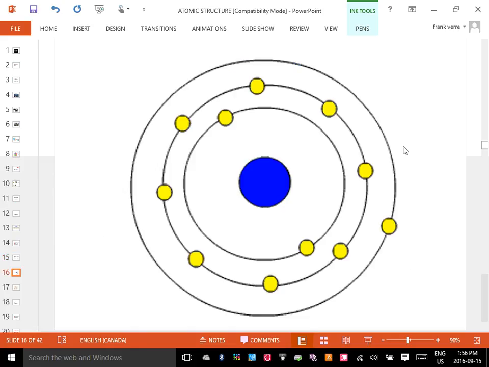So, did you guys draw these in grade 9? Okay. What do these represent? The nucleus, the yellow stuff is electrons, and the black line is the orbit. Okay. Now, to be honest with you, if you're trying to describe where the electrons are, that's more complicated than this, right? The atom itself is more complicated.